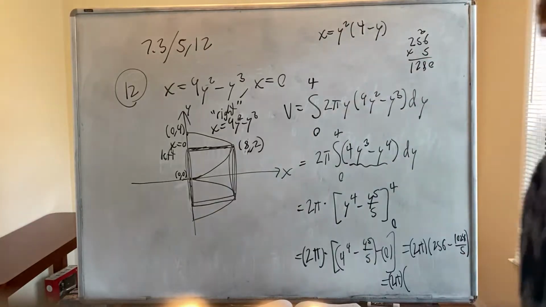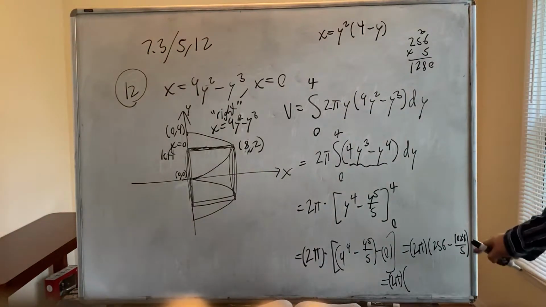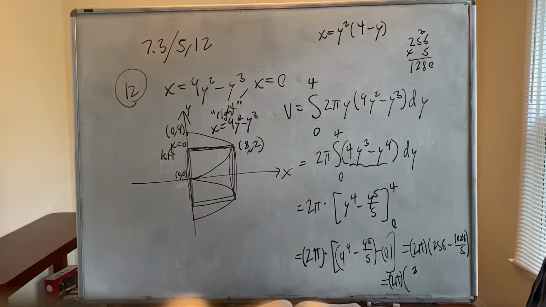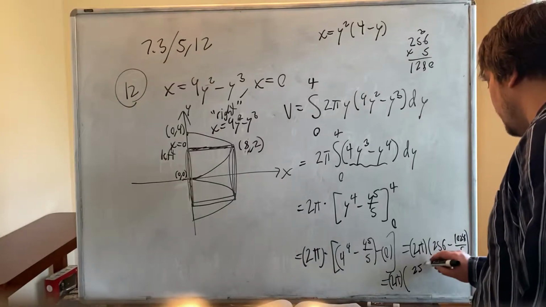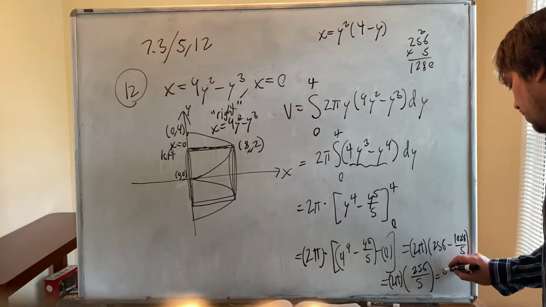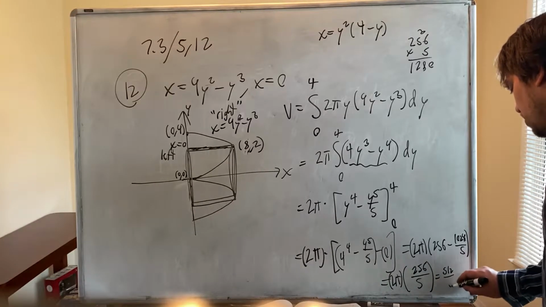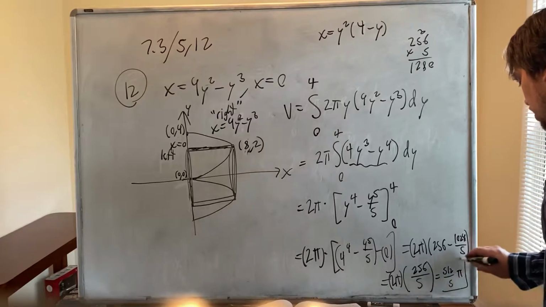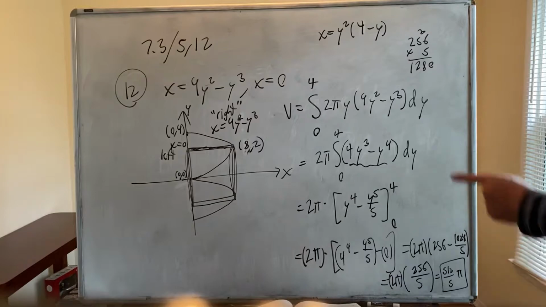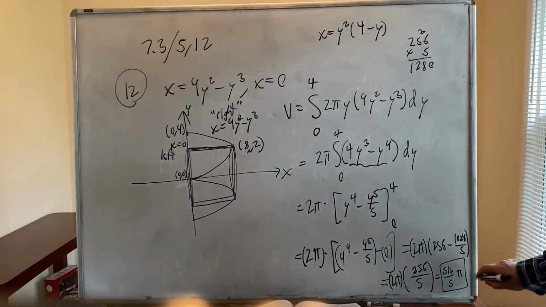Yeah, 1,280 minus 1,024, which is 256. So it's 256 over 5. Okay, so that's the same thing as 512 over 5 times pi. Okay, so the answer is 512 pi over 5. That's the volume of that three-dimensional object.